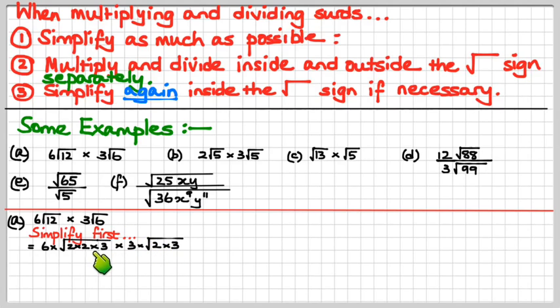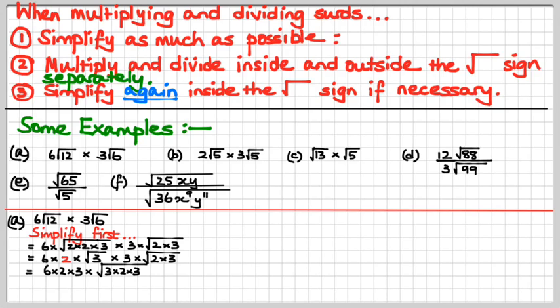Which one gets out of jail? There's a pair of 2s, a pigeon pair. That's 2 squared, which gets out of jail as a liberated 2 and leaves the poor old 3 stuck in there. Now we multiply that by 3 times the rest of it, root 2 times root 3.